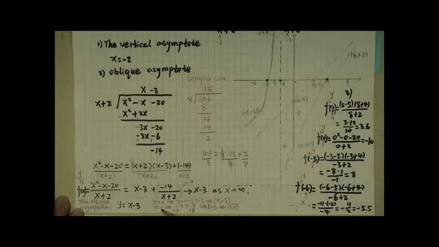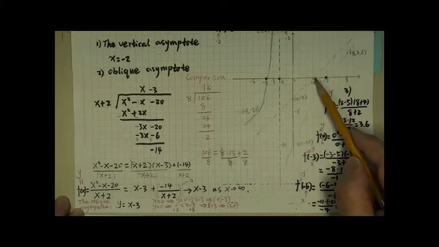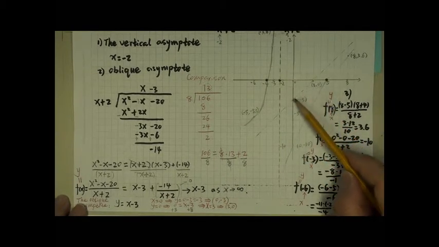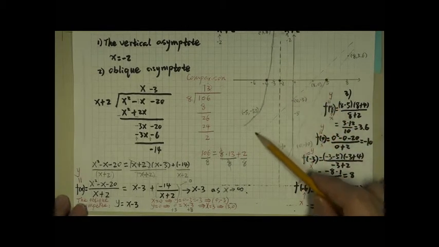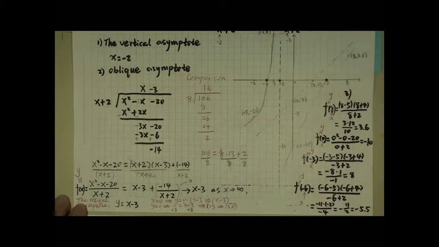If you let y be 0, then 0 equals x minus 3, plus 3 on both sides, cancel positive, negative. X equals 3. So x is 3 when y is 0. So you have 3, 0, this point on the line. You have 2 points, you connect them, that will be the oblique asymptote.